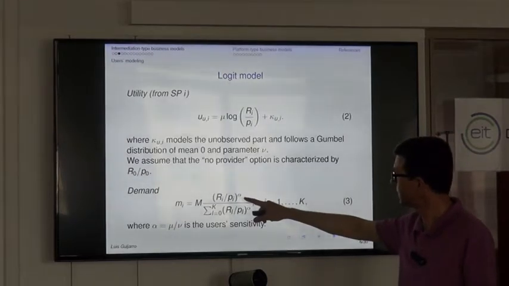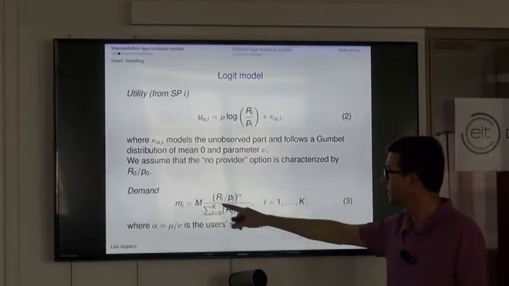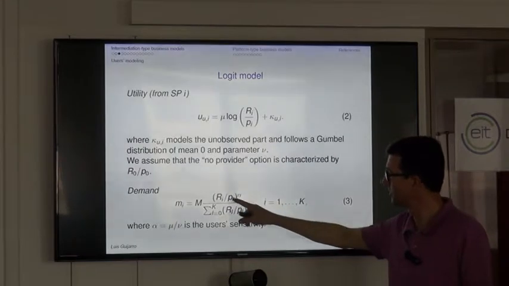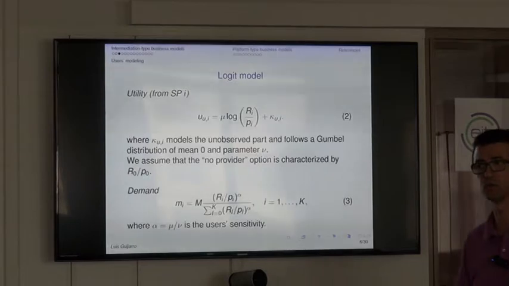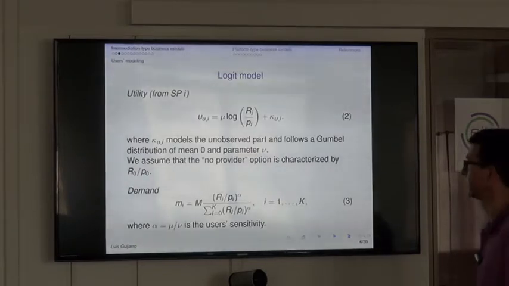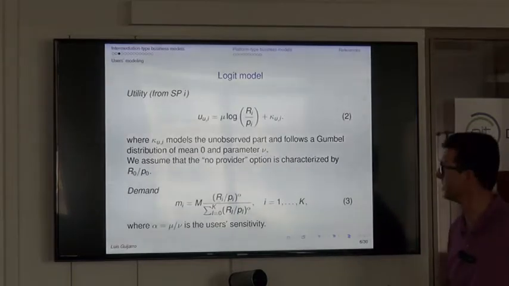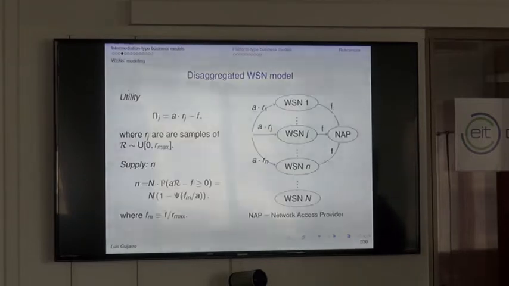Whereas if alpha goes to infinity, then the service provider which offers the greatest ratio will get all the users, and no users will subscribe to the other service provider. So it is indeed a sensitivity. Okay, this will be important for the discussion of the results later on.